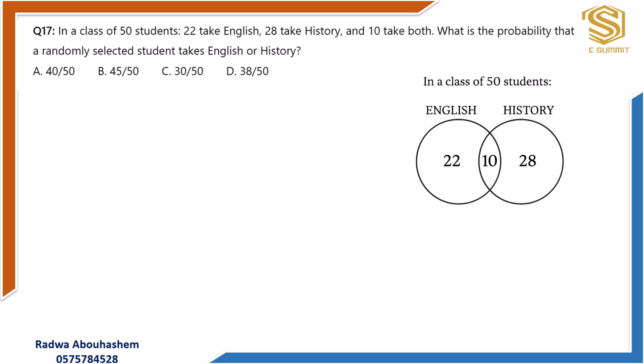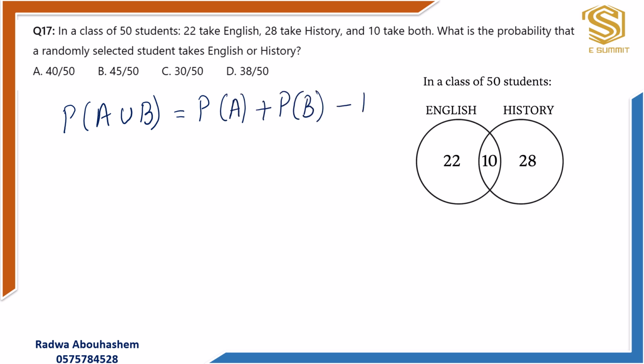Again, we're going to apply the rule of union, the probability of A union B. The first event, those who take English: 22 out of 50.